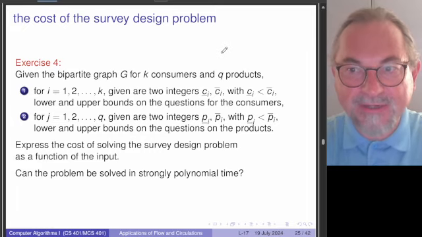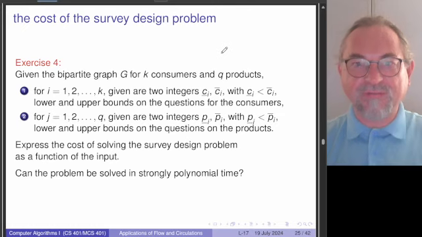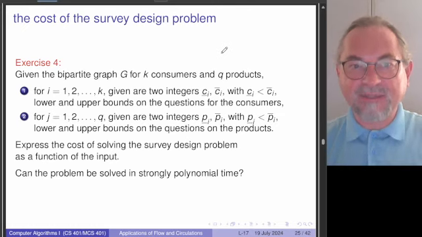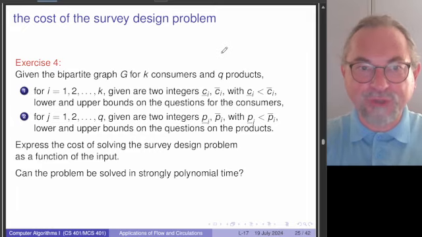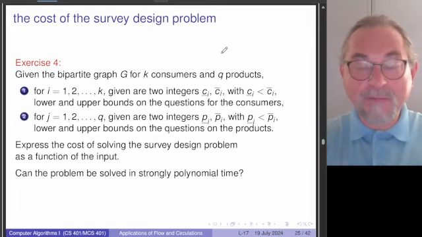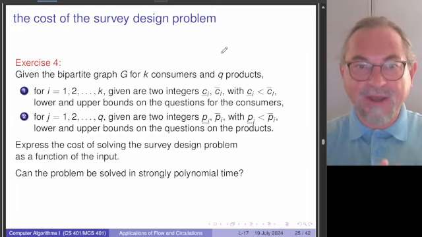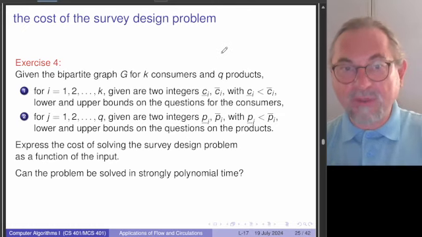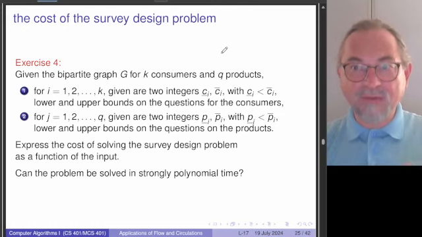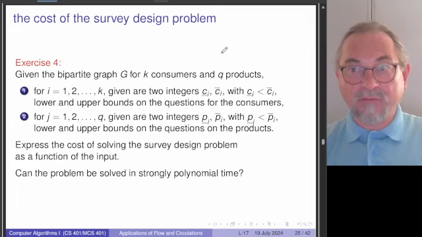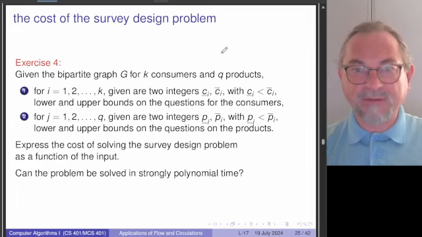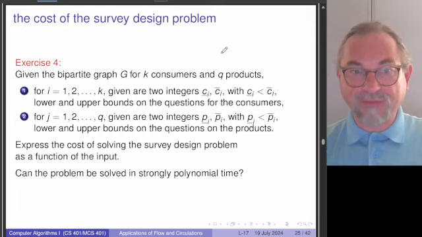So the m that you use in Ford-Fulkerson is actually the m of the original bipartite graph plus the added edges, k plus q. So you have m plus k plus q times the value of the maximum flow, or here actually the sum of all the questions that you have, because we have zero demands.